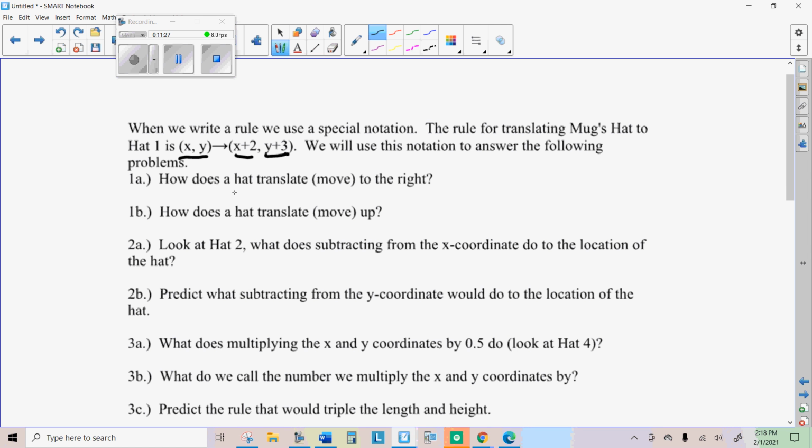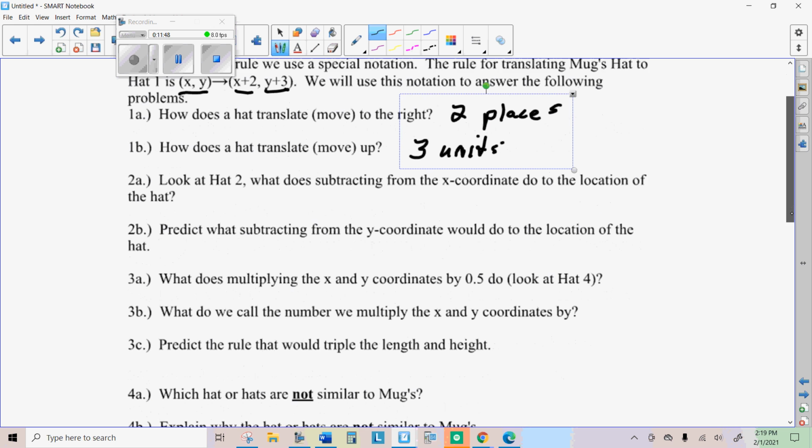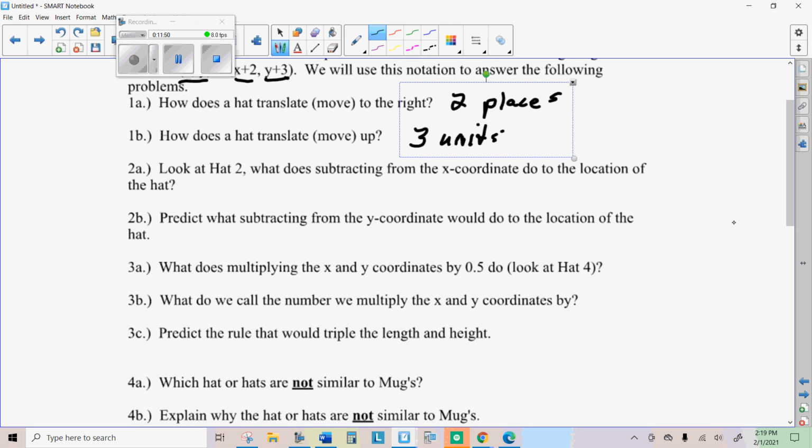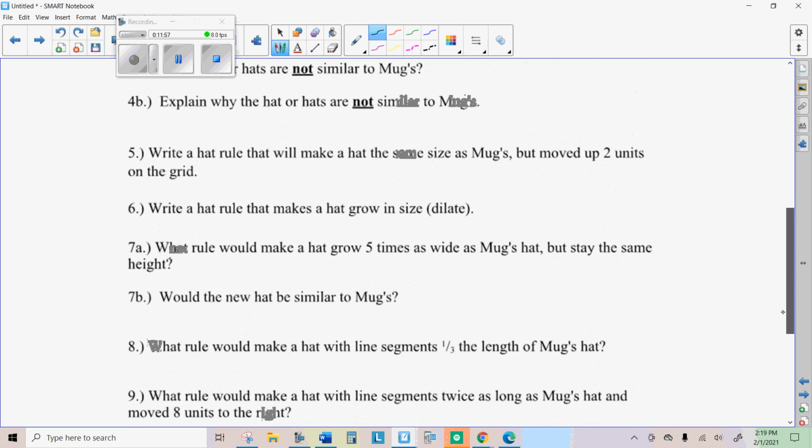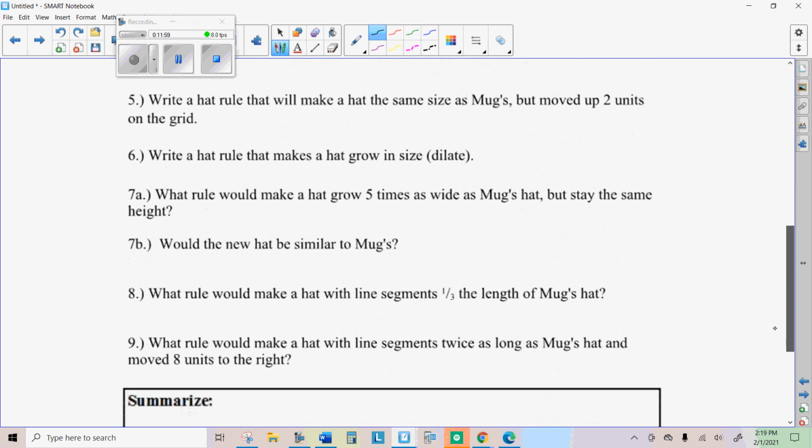And we found out that that hat moved to the right 2 units, and it moved 3 units up. So go ahead and answer as many of these questions as you can, and you can check back and see what my answers say. But go back and look at the hats to help you figure that out.